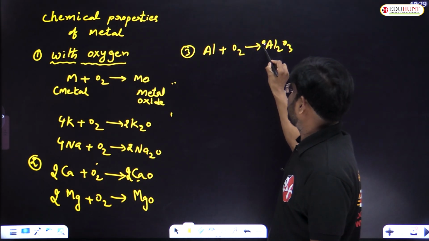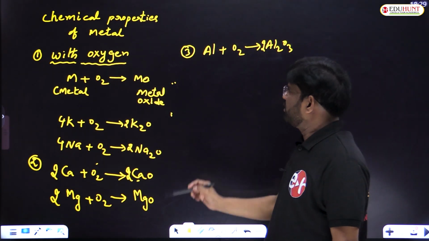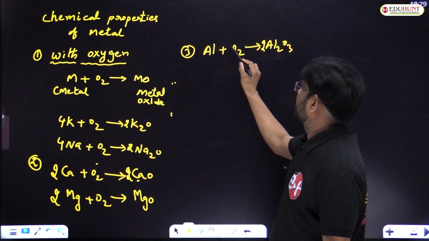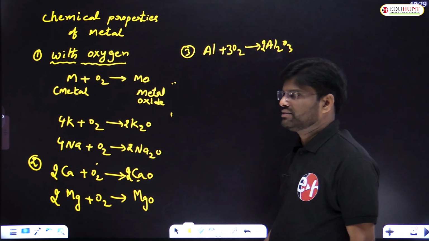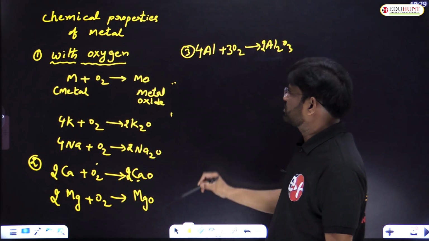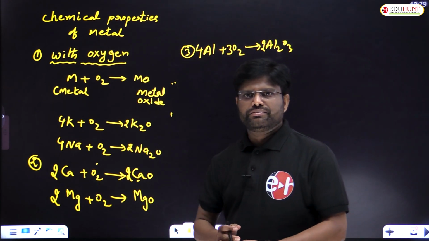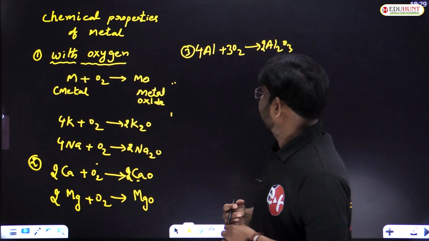So you should write 2 here. 2 threes are 6, oxygen 6. Here 3 twos are 6. Next, 2 twos are 4 aluminiums. So aluminium reacts with oxygen to form aluminium oxide.